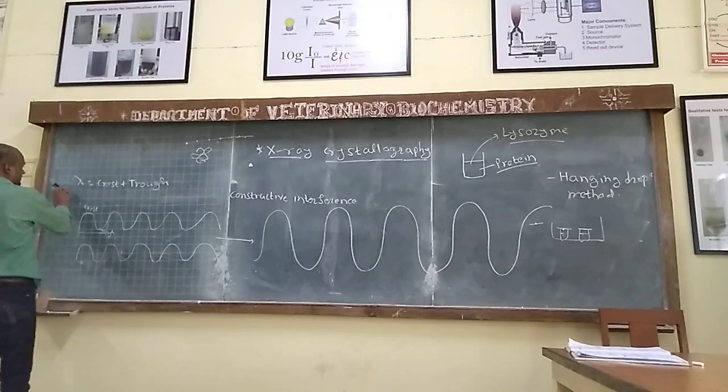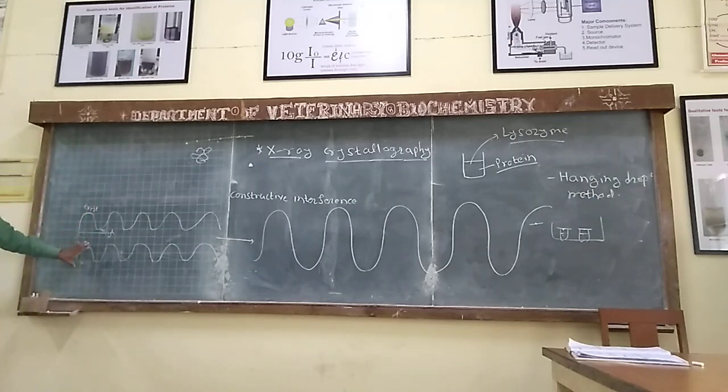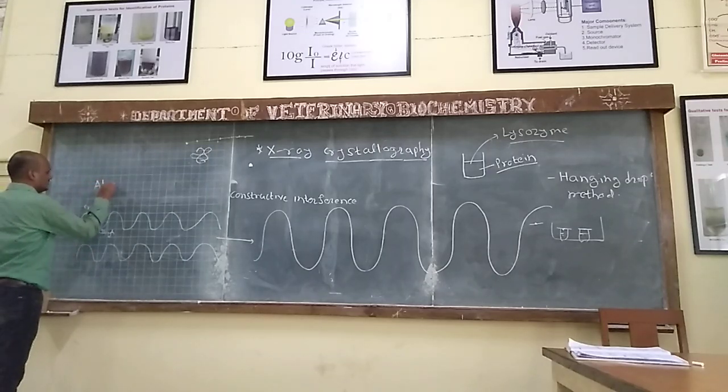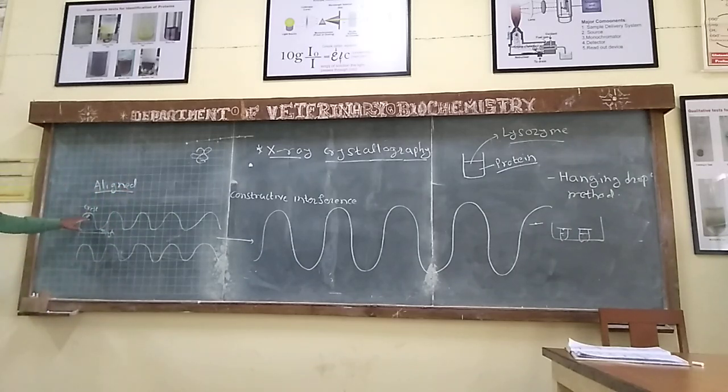So when we say crest and trough, we have this one light. This is another light wave. If these two waves are exactly aligned, crest aligned with crest, this is one light beam, this is the second light beam.